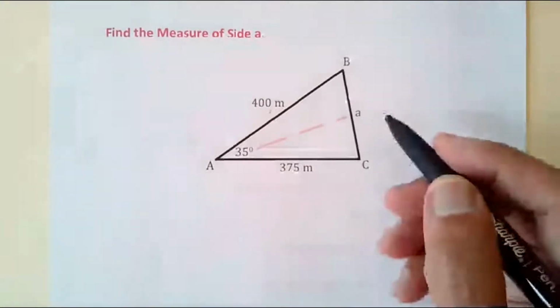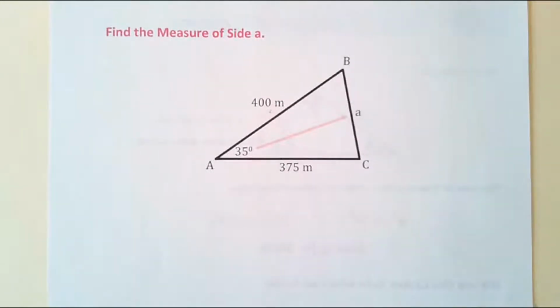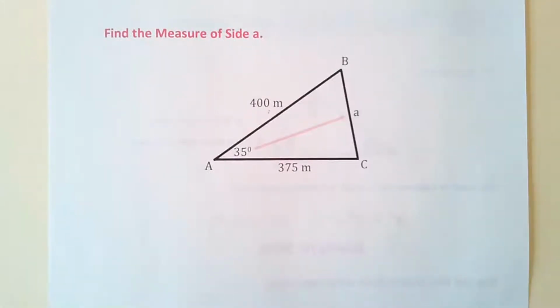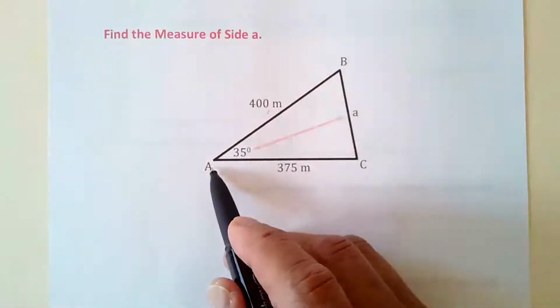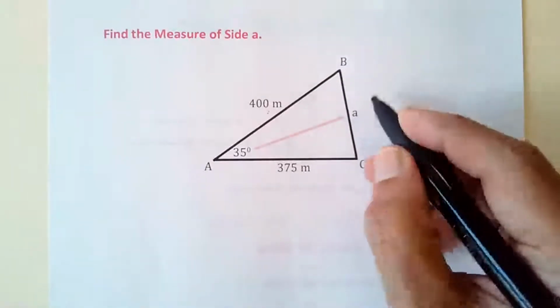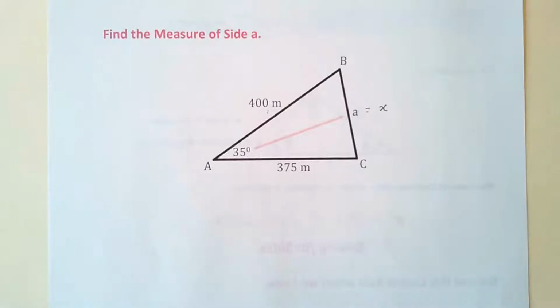In this example, we're asked to find side a. Recall in our previous lesson on the sine rule, once we label the sides, the side we don't know, we call x.